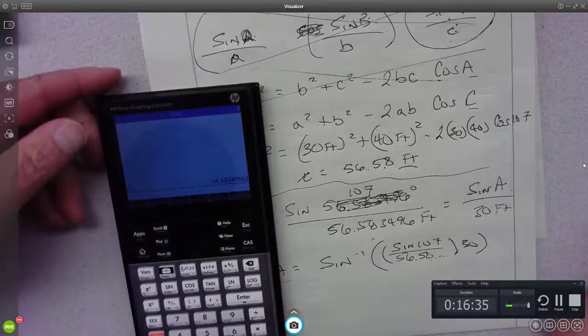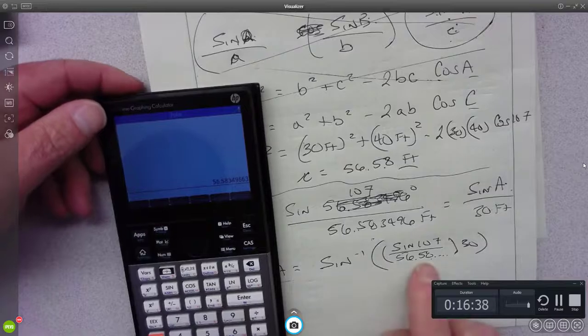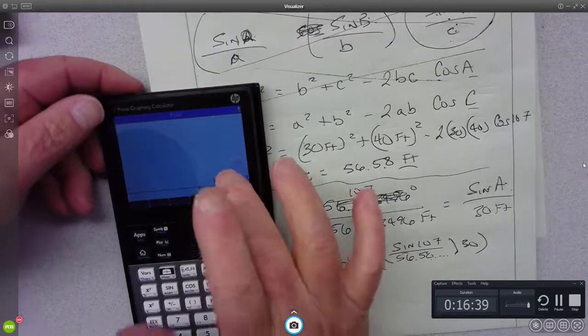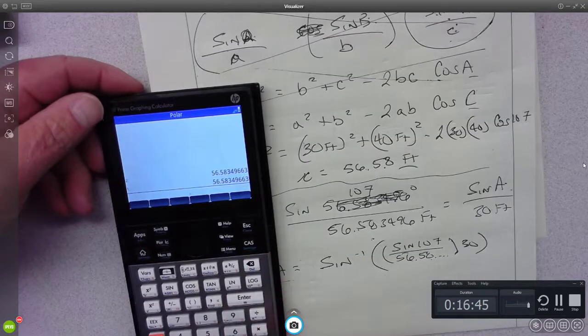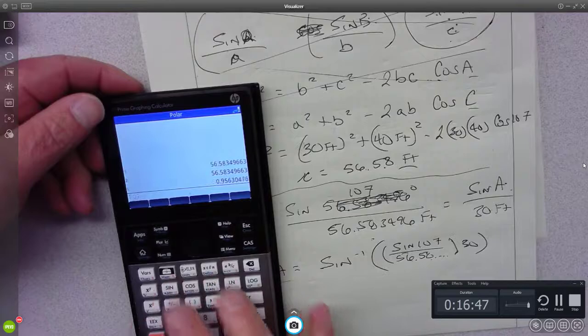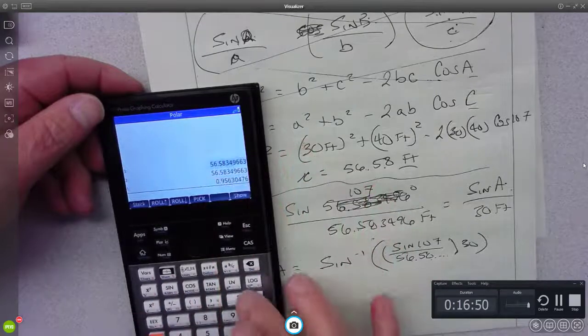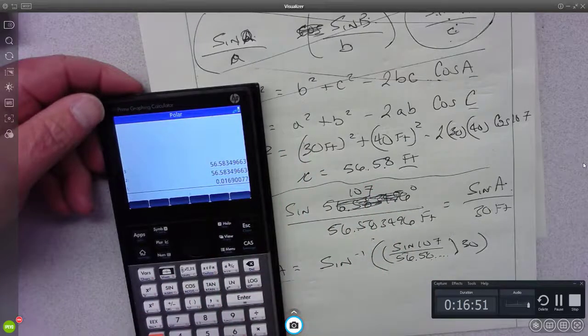Crunch that real fast. So, don't forget to take the arc sine of it. That's easily forgotten.